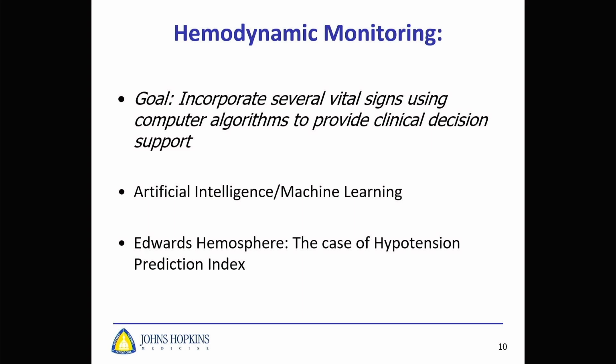One example is the Edwards Hemisphere, where they have developed and marketed the hypotension prediction index. I don't know if any of y'all have heard that, but essentially this algorithm is delivered through a computer that connects to an arterial line, and the thought is that you can predict whether or not hypotension is going to occur in 10 minutes, which might be really helpful, because then it suggests you're in a state of hemodynamic instability and you should do something to remediate that, to avoid becoming hypotensive.